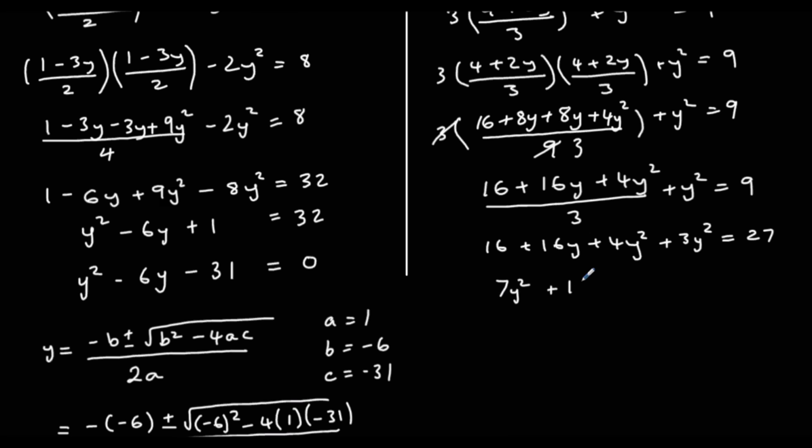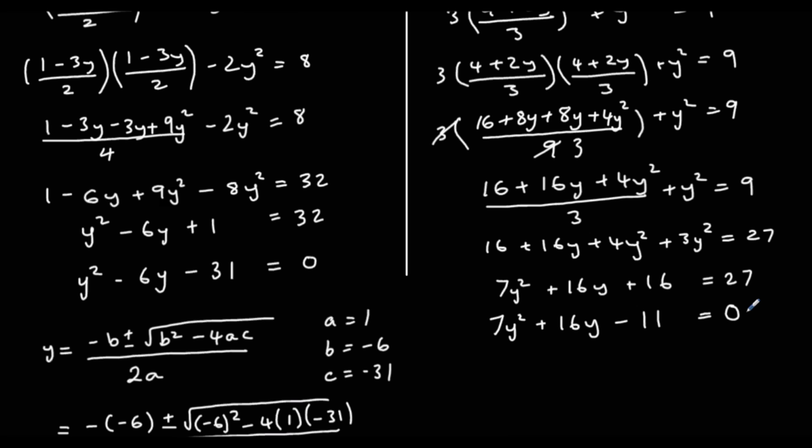We've got plus 16y plus 16 equals 27. And let's make it equal to 0 by taking 27 away from both sides. So we've got 7y squared plus 16y minus 11 equals 0.